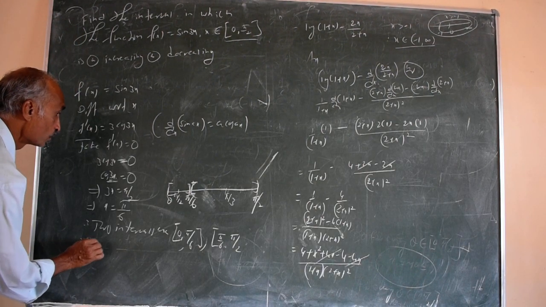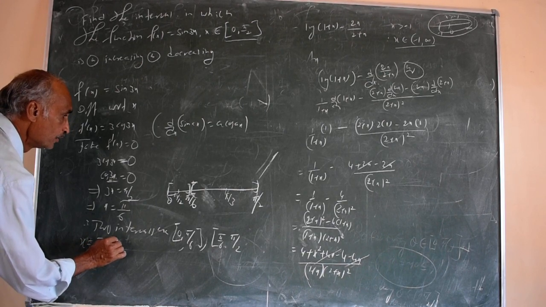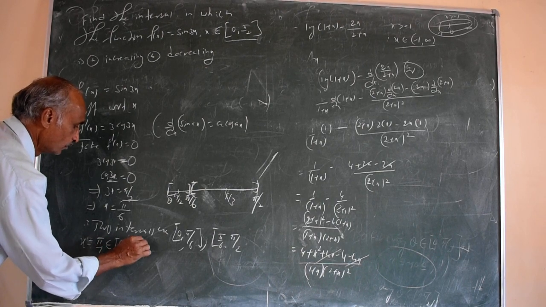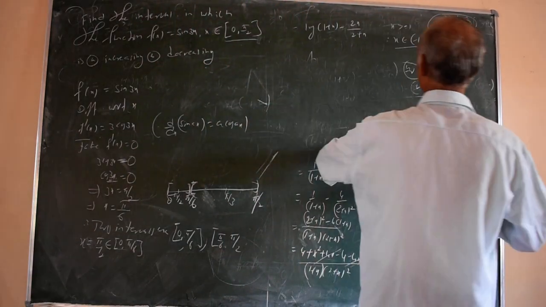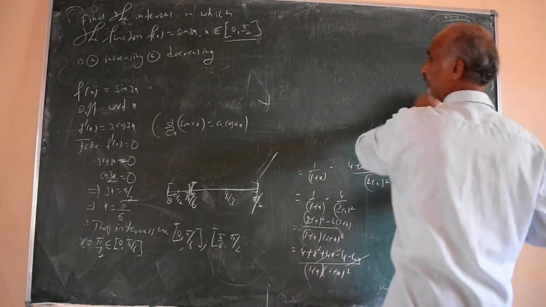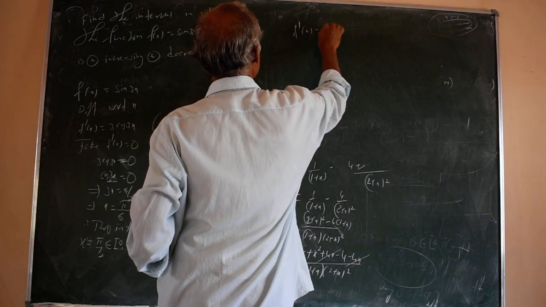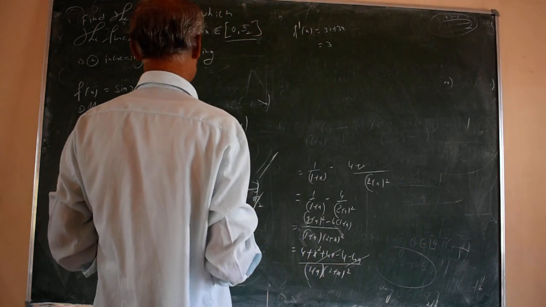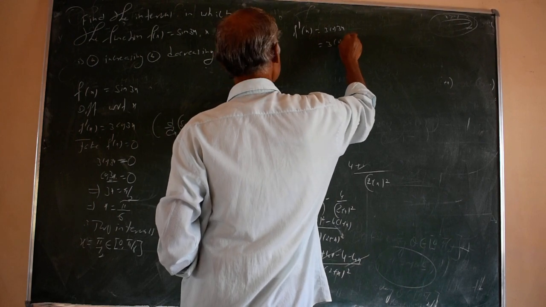Take x equal to pi by 12, which belongs to 0 to pi by 6. Now, what is f dash of x? It is 3 cos 3x.